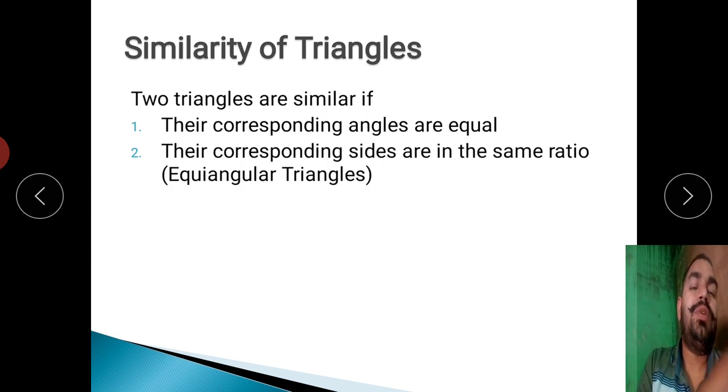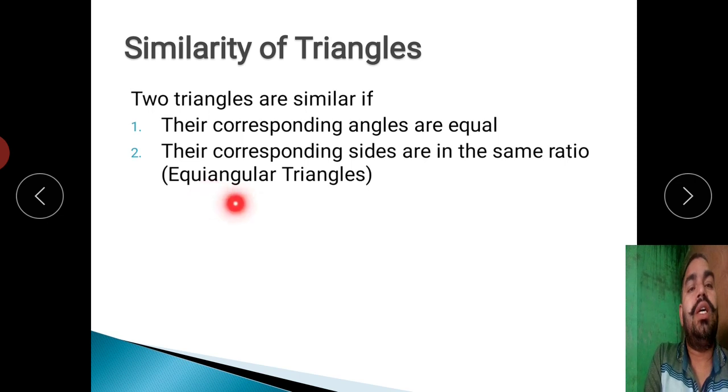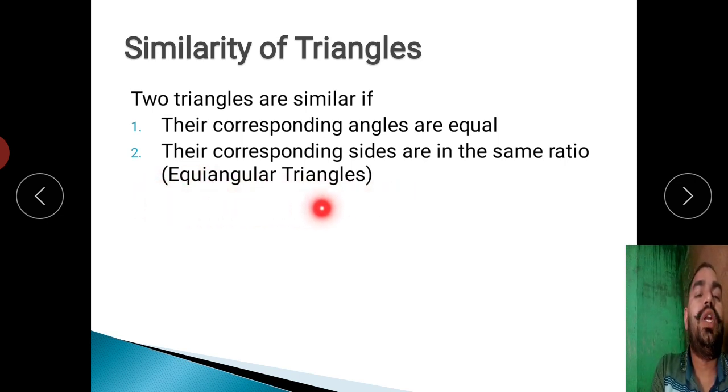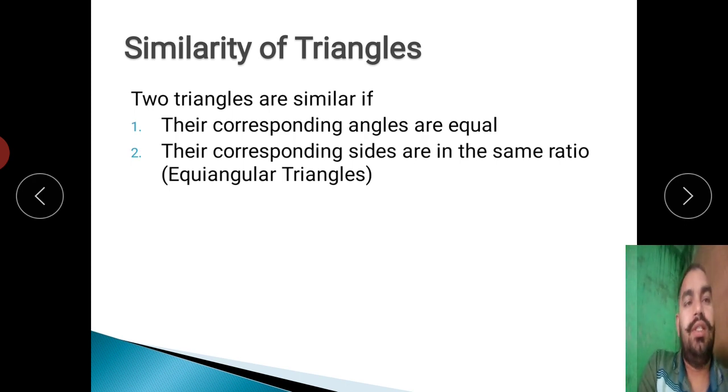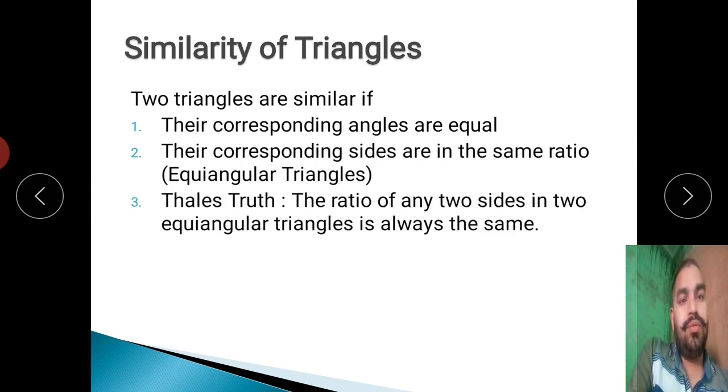Now there is one concept: what do you mean by equiangular triangles? Two triangles which have all angles equal to each other are said to be equiangular triangles. Then let's move ahead.